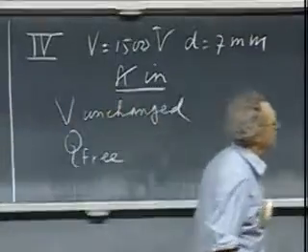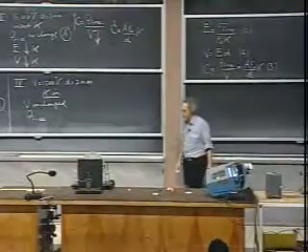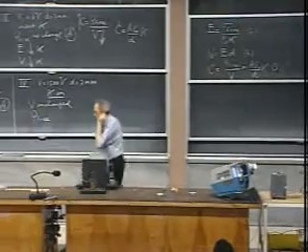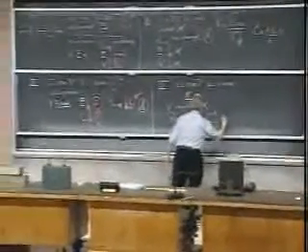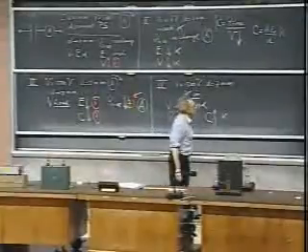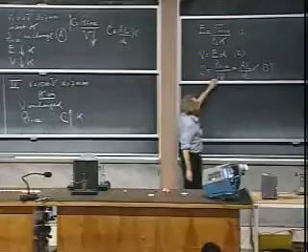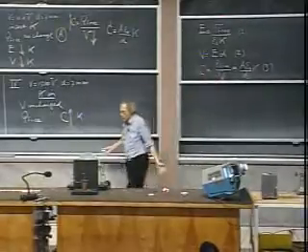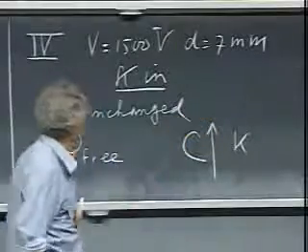Look at this equation. When I put in the dielectric, I know that the capacitance goes up by a factor of kappa. If C goes up by a factor of kappa, and if V is not changing, then Q free must go up by a factor of kappa. Follows immediately from equation 3.